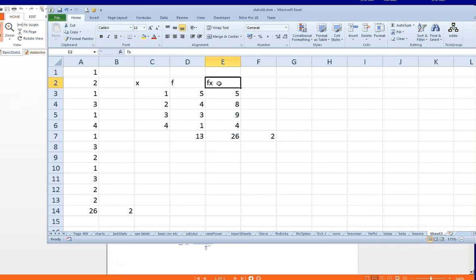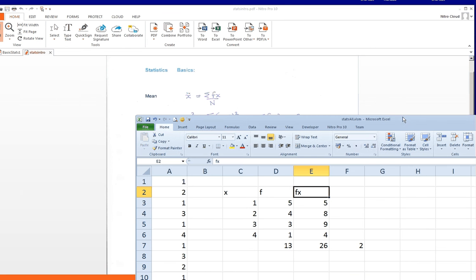And so we've got therefore the products, and looking at the formula that we had here, the mean is sigma fx. So this here is our sigma fx, which is that part of the formula, f times x, and then add it up. Not sigma f multiplied by x, but f by x first, and then add them up, sigma, and then divide by n, and the n in this case is the sum of the frequency, which is 13. So that's how we get the mean of grouped data.